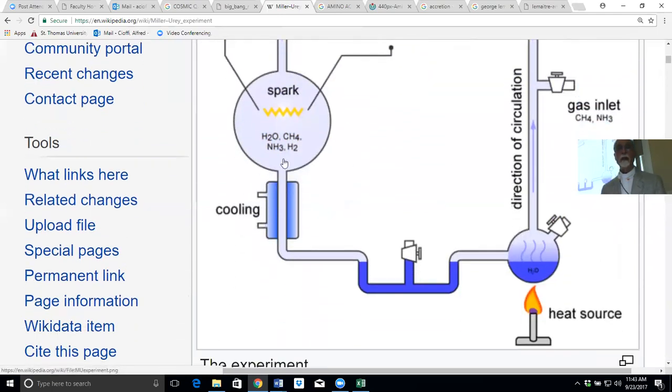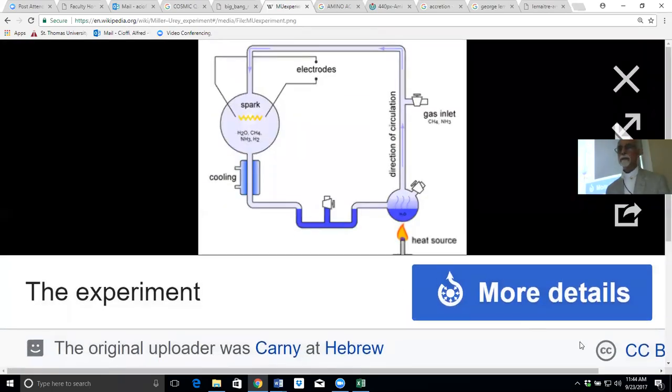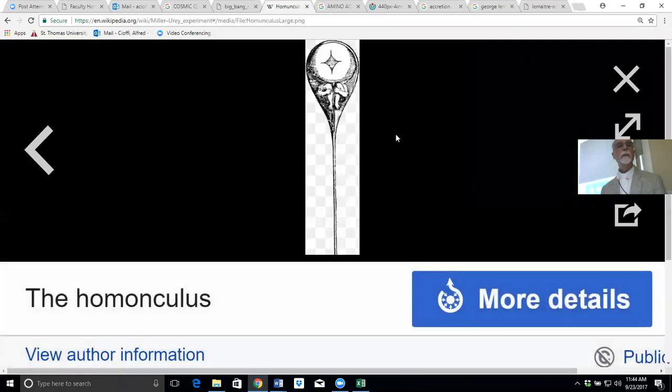And then that was run through a cooling system and they see what comes out in the precipitate. In this liquid here, the little soup, hopefully something organic would come out. You're trying to combine these 4 compounds into something else, rearranging the atoms and the molecules, and they got some amino acids.